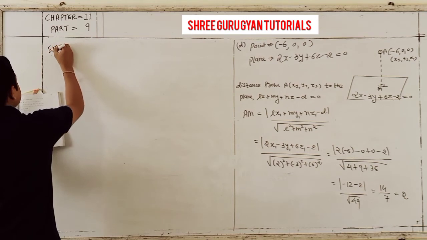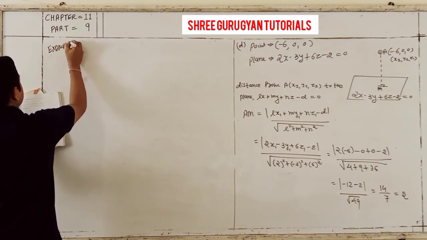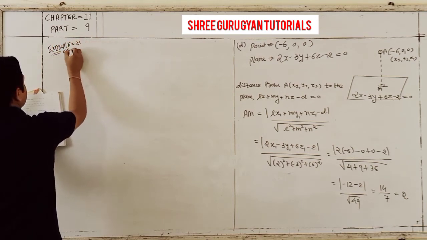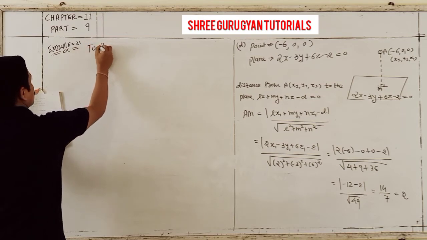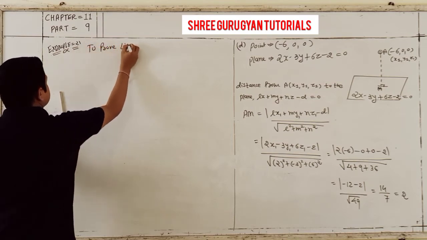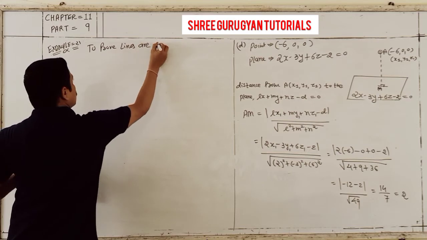Example 21, to prove lines are coplanar.